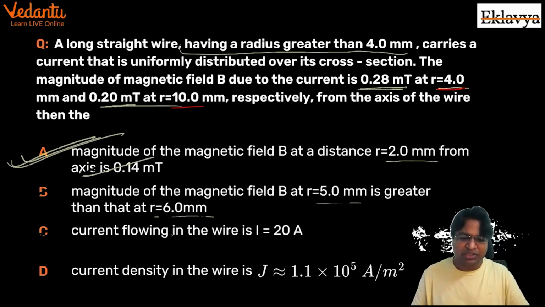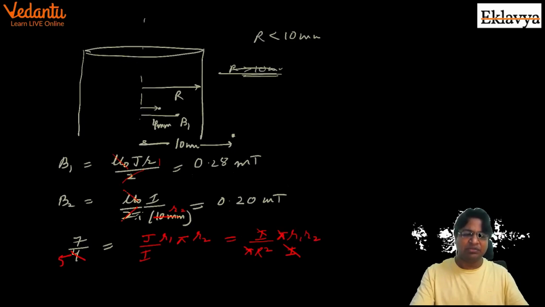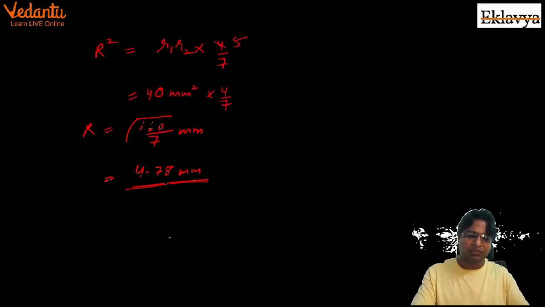And then D option says current density is 1.1. So we have found the value of I. In fact, we can directly find the value of current density using this formula also. But since we have already found the value of I, we will go with this: 10 divided by pi r square. R we found out to be 5.34 millimeter, or 200 by 7 millimeter. So this would be 200 by 7 and then 10 raised to power minus 6.